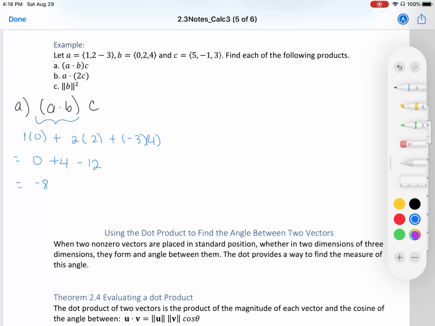Lastly, we're going to multiply that into c. c is a vector. So we have -8 times 5, -1, and 3. This in return gives us -40, 8, and -24. Okay, I trust you can do b and c. Pretty straightforward.